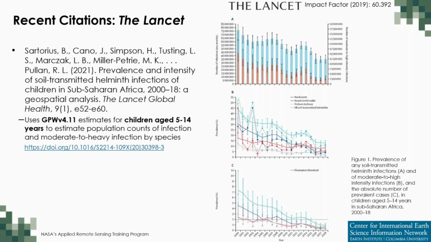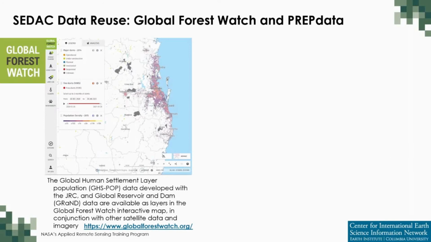So we've seen a number of cases for things like air pollution and other health issues where age is an important factor, and therefore having a better map of the distribution of that age group is useful to those kinds of analyses. So I've focused so far mainly on uses in the scientific literature.